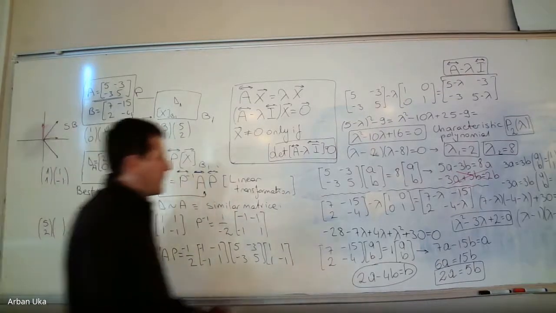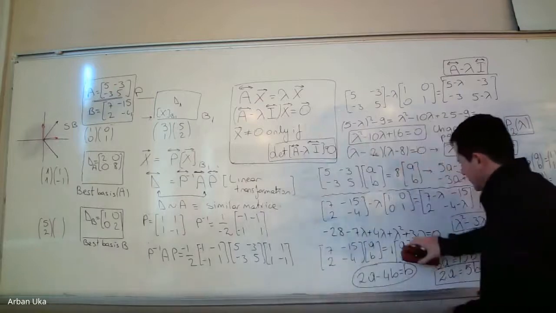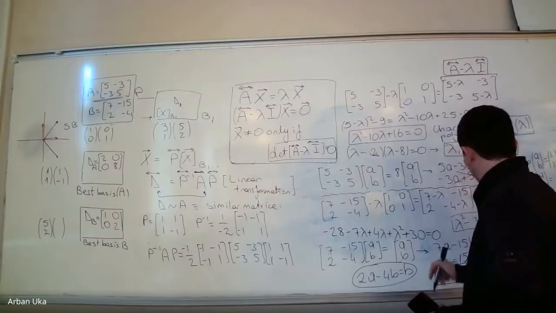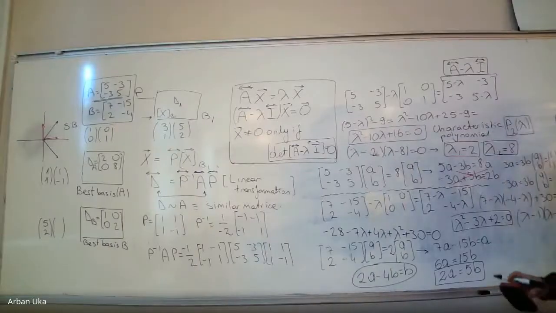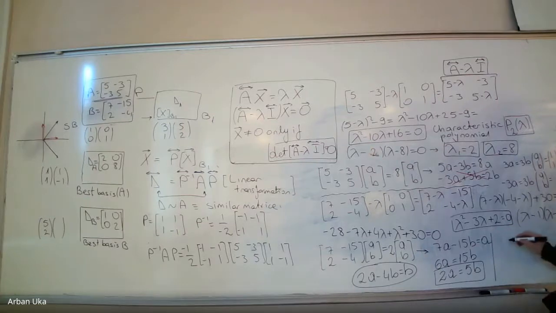For the next eigenvalue, we can just substitute 2a. So the second set of equations will be 7a minus 15b equal to 2a, and 5a equals 15b.